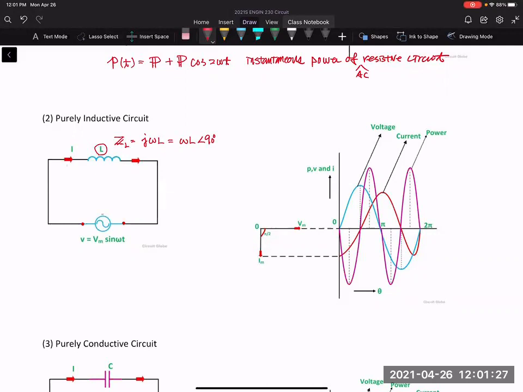Again, I have I here, I have V over here. You can use Ohm's law to represent that. So the voltage of this inductor will be equal to this current multiplied by my Z sub L. Now V sub L is the Vm.